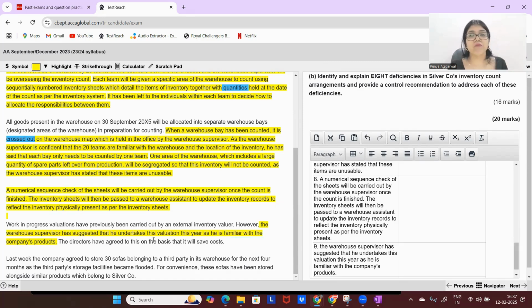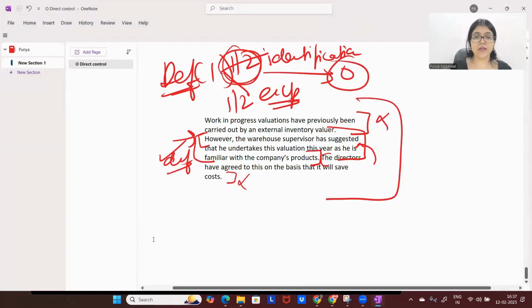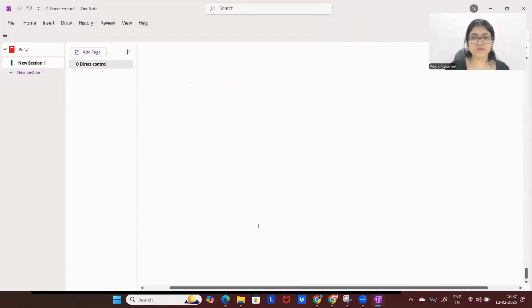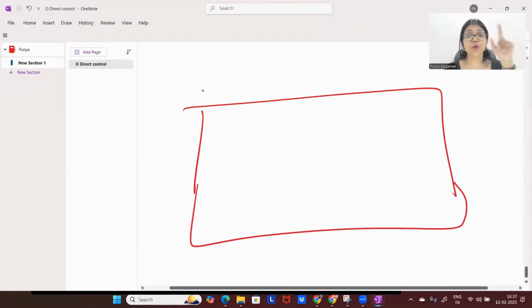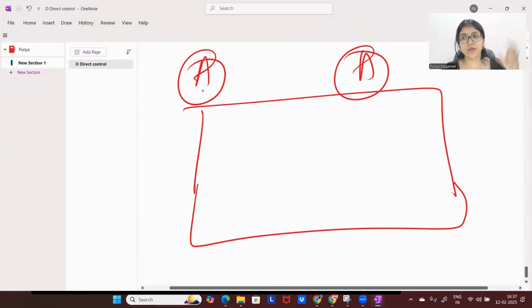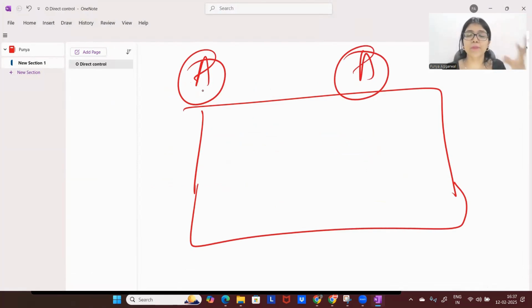Now, very evident. Let me explain over here only. For example, this is your warehouse, because you are also manufacturing sofas, right? Let's suppose you have a product A and the third party also has the product A. Your products have been kept over here, and the other party's products are kept over here.